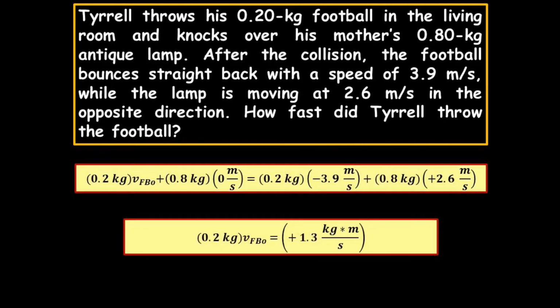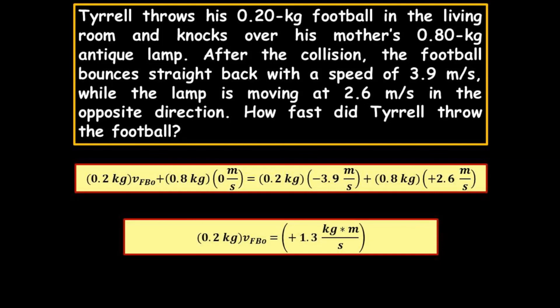Now this is key. You'll see that the left side is going to be 0.2 times the initial velocity of the football, and the right side will be a positive 1.3. Therefore, the velocity has to be positive.